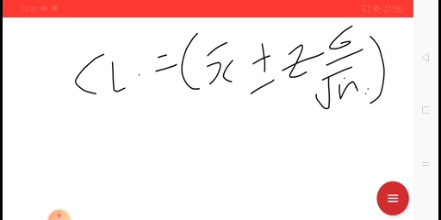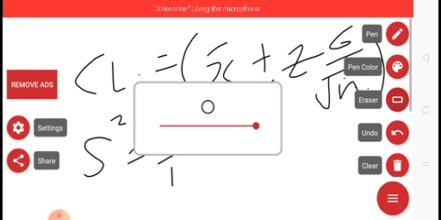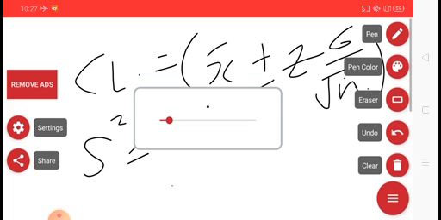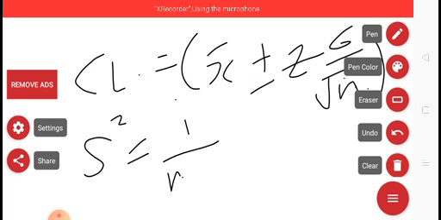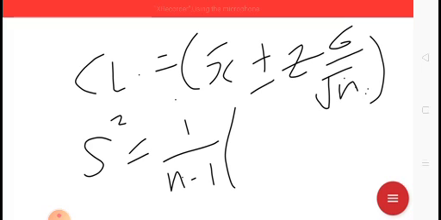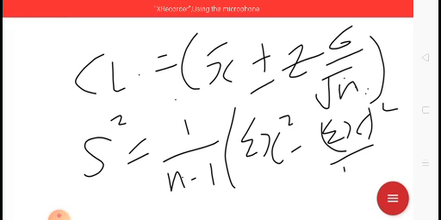But this time, if they didn't give you the variance or mean, then you need to calculate it using the unbiased estimate S squared, which is 1 over n minus 1, times the sum of x squared minus the sum of x, squared, over n.